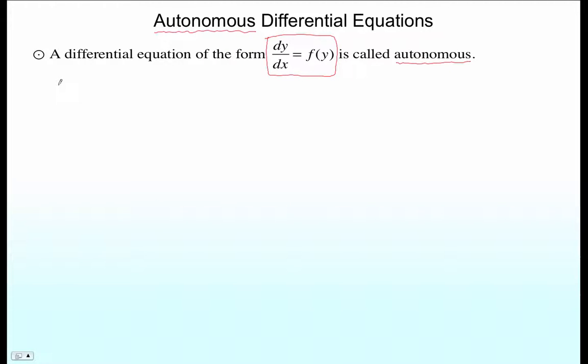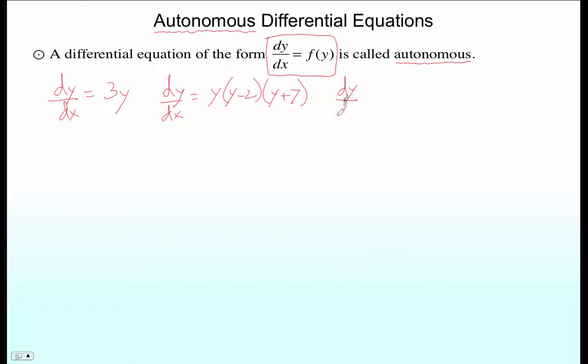Well, let's see examples of autonomous differential equations. So dy/dx equals 3y is autonomous. So is dy/dx equal to y times (y minus 2) times (y plus 7). That too is autonomous.